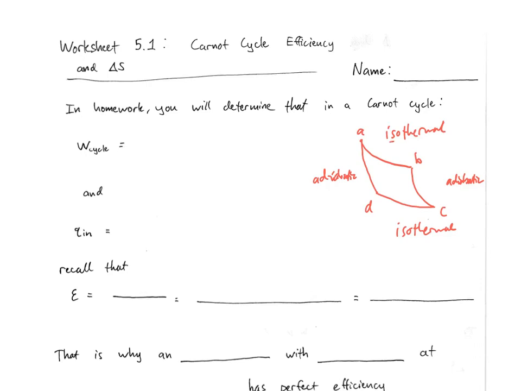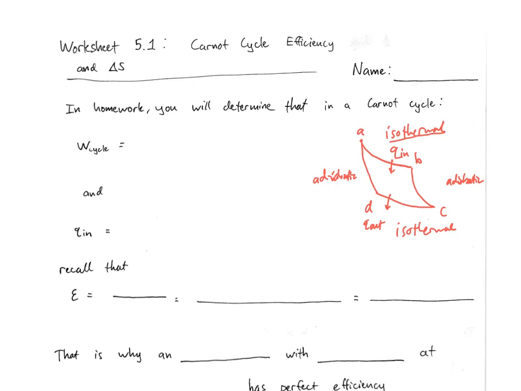But for the top isothermal portion of the cycle, there is heat going in. We can call that Q in. And in the bottom isothermal portion of the cycle, there's heat going out, and we can call that Q out. In general, that's going to be different from Q in.